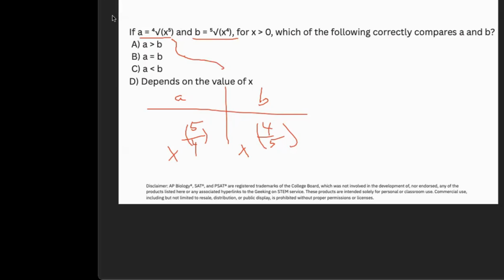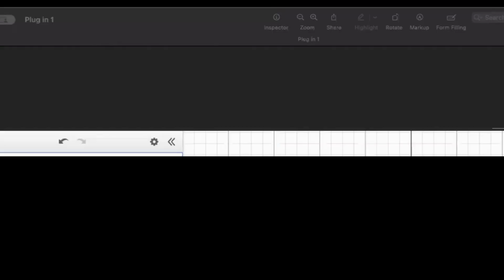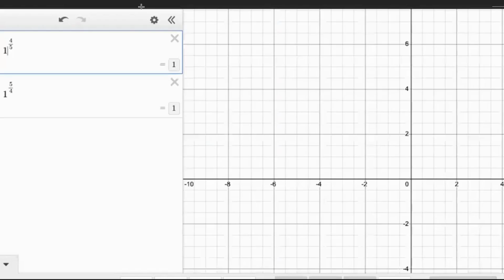So you're going to plug that into Desmos. If I go ahead and plug in 1, you'll see that they're exactly the same. 1 to any exponent is going to give you 1. So you could see 1 and 1. And you might be thinking, okay, I solved the problem, I can go ahead and say my answer.